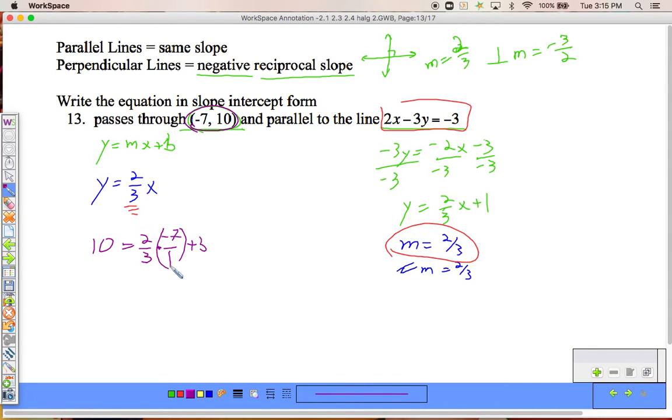It looks like I'm going to get some fractions. 10 equals 14/3 plus b. So I'm going to add a 14/3. And then you start scratching your head. All right, I'm going to move it over here.